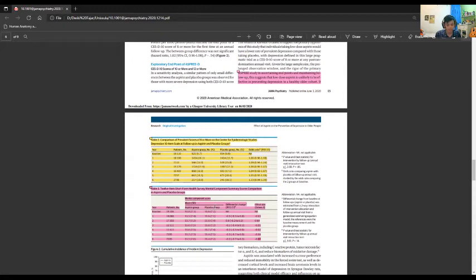We cannot find any binary outcomes in this article, so we may skip it.